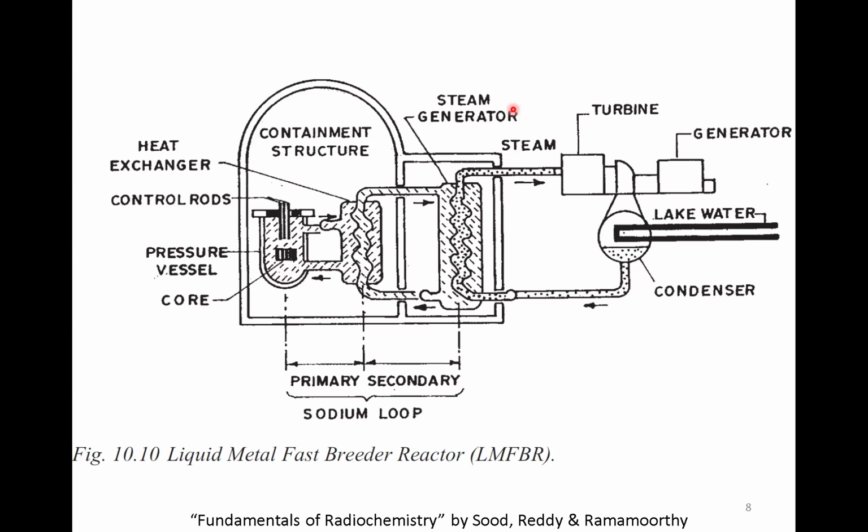Here is a schematic of a liquid metal fast breeder reactor. This component is the same. Many nuclear reactors are close to a heat sink, and in most cases the heat sink is an ocean. For example, the coastline of Bombay has a lot of reactors, many of them research reactors.